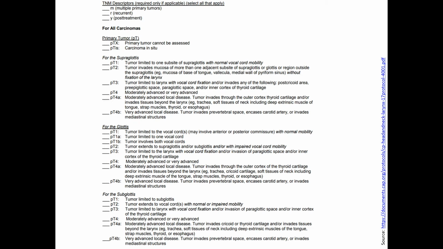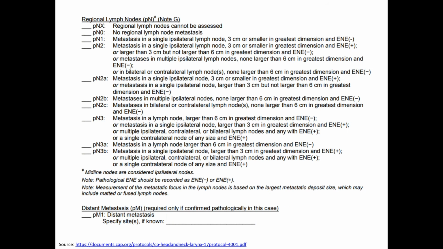Right. Now, switching from T stage to N stage. The N stage for larynx is the same N stage that you use for all other head and neck cancers that are P16 negative. The only exception to this would be a P16 positive oropharyngeal cancer, which has a different N stage.